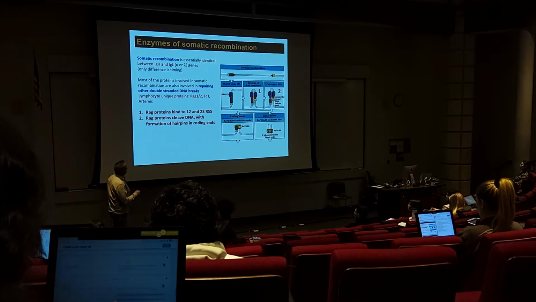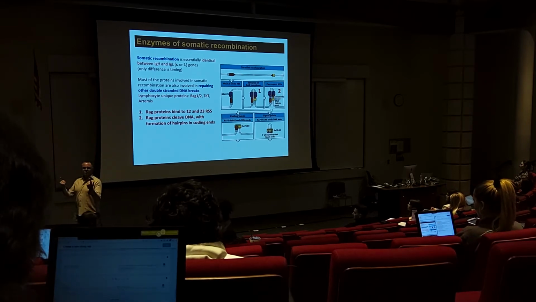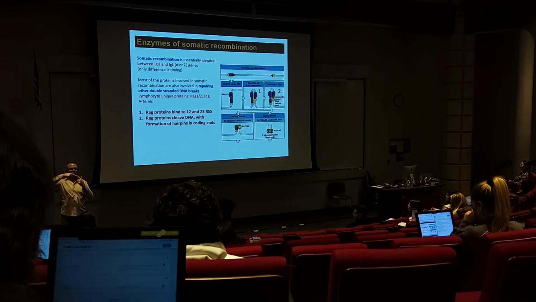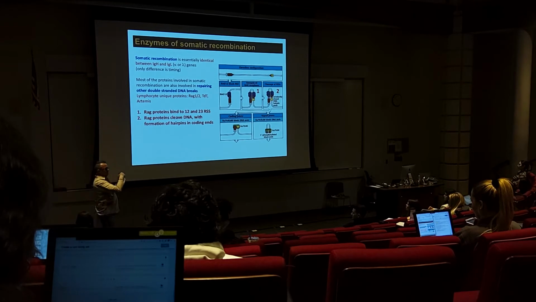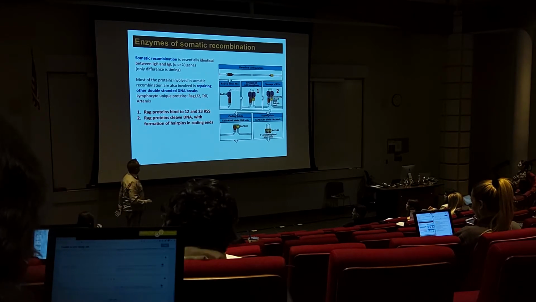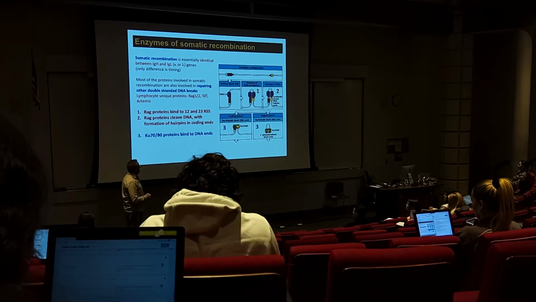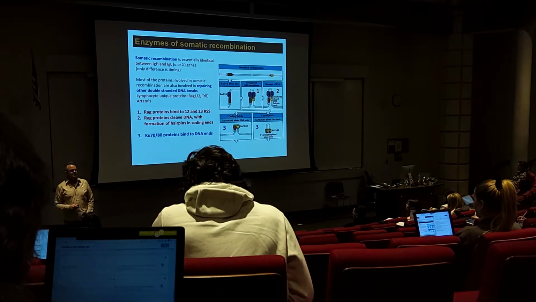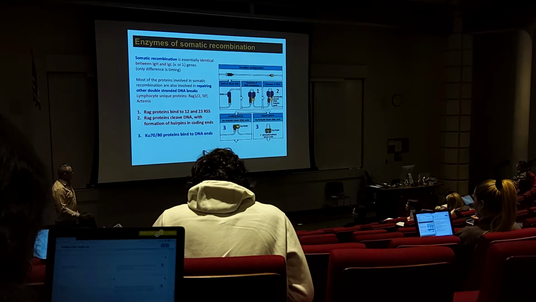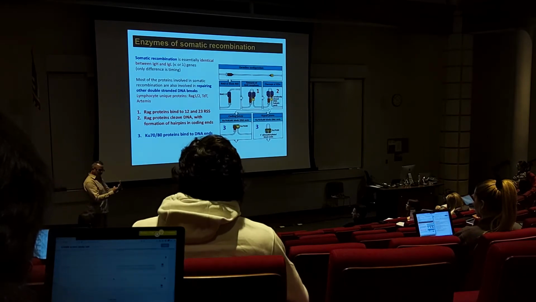The RAG2 proteins cleave the DNA, but what happens is you have a nucleophilic attack, and the hairpin closes in on itself. So you make a sort of loop at the top. Then you have these proteins, Ku70 and Ku80, which we just always call 7080, that come together and stabilize this.